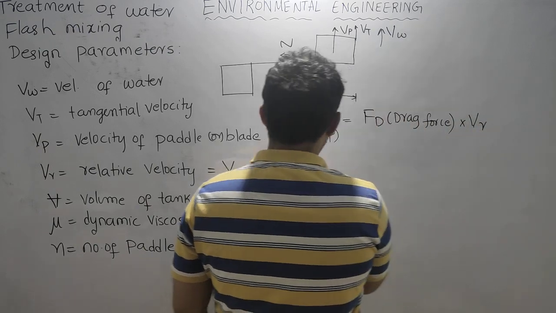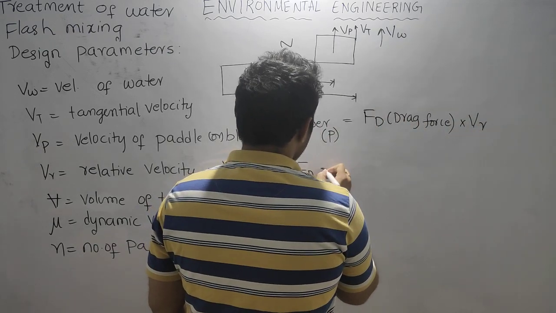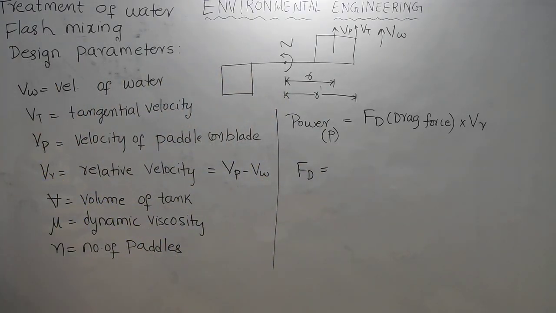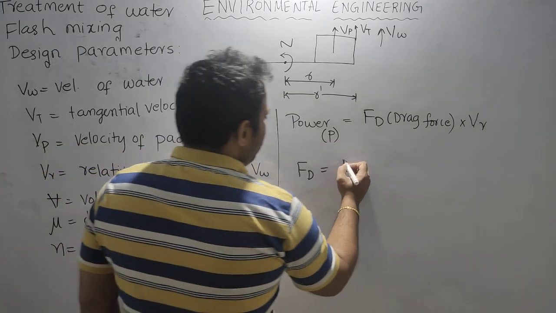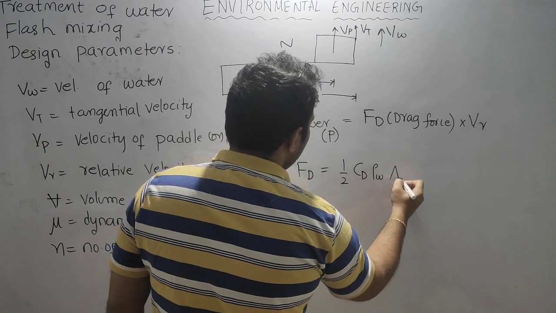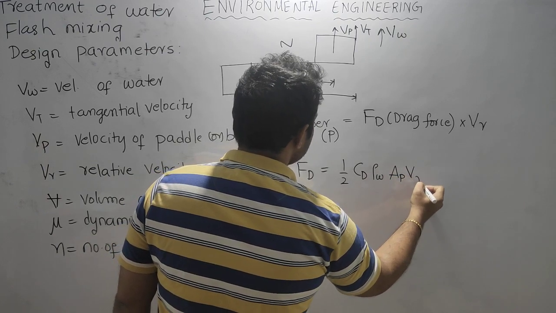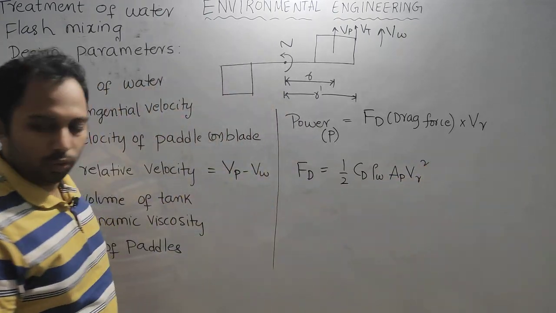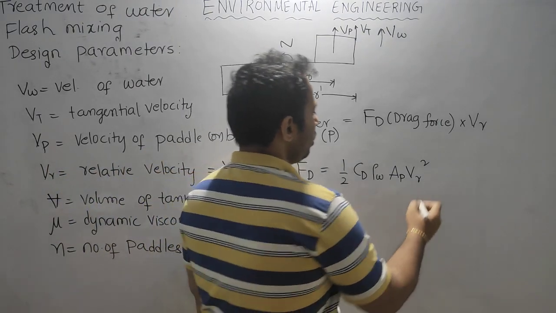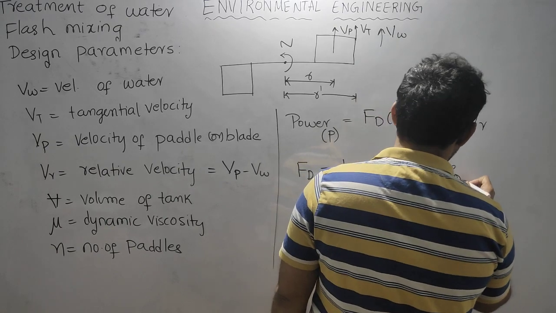So now what is FD? Drag force. I think you might have learned the formula of drag force in your fluid mechanics. Here the drag force is 1/2 CD rho W Ap into Vr squared for one paddle.